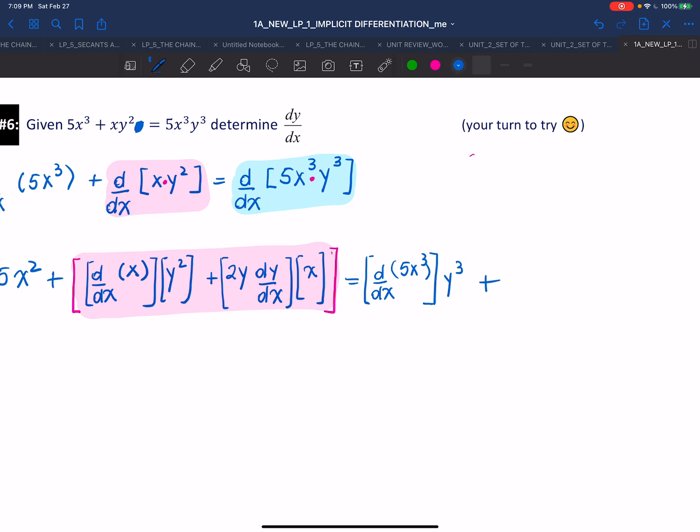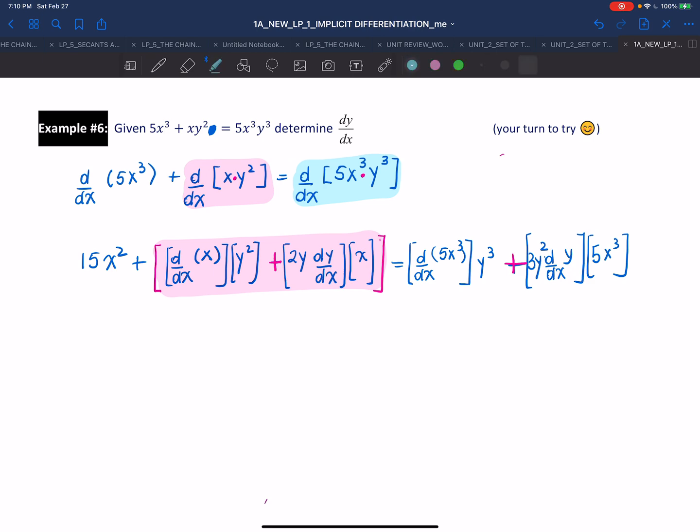Plus the derivative of y to the power 3, which will be d dx of y, and then we have the outside function 3y squared, and then times 5x to the power of 3. Okay, so again, product rule. So this would be just the derivative of the term on the right side.